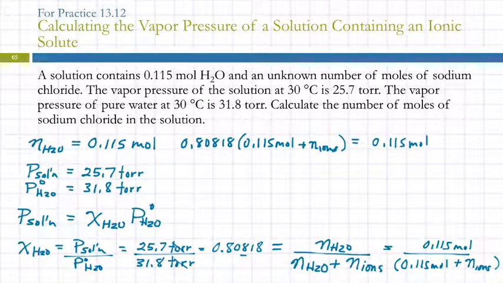Anybody have a problem with that? So then we have to distribute the 0.80818 through this, and times 0.115.